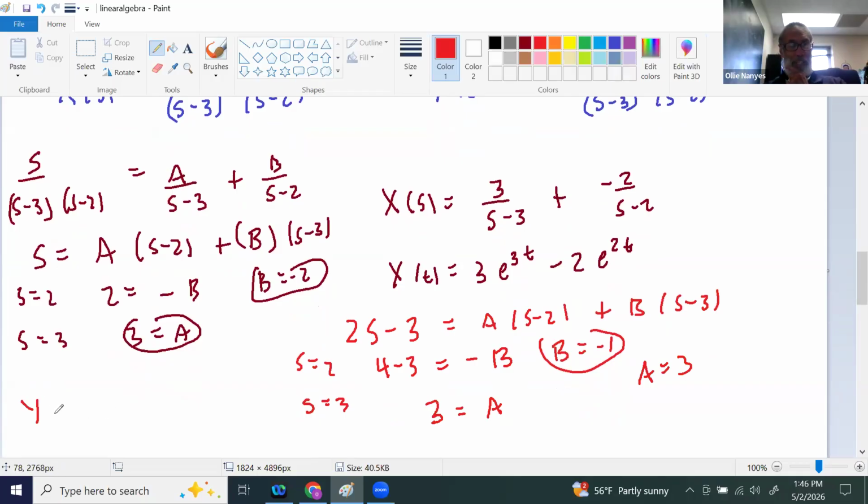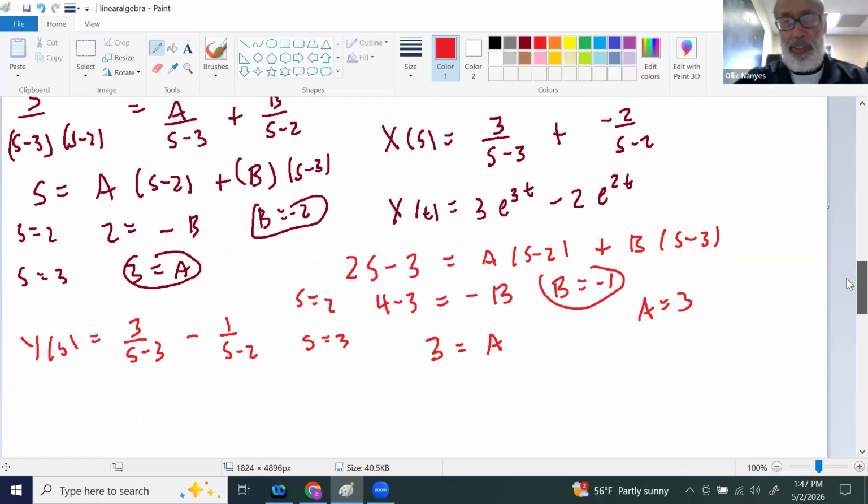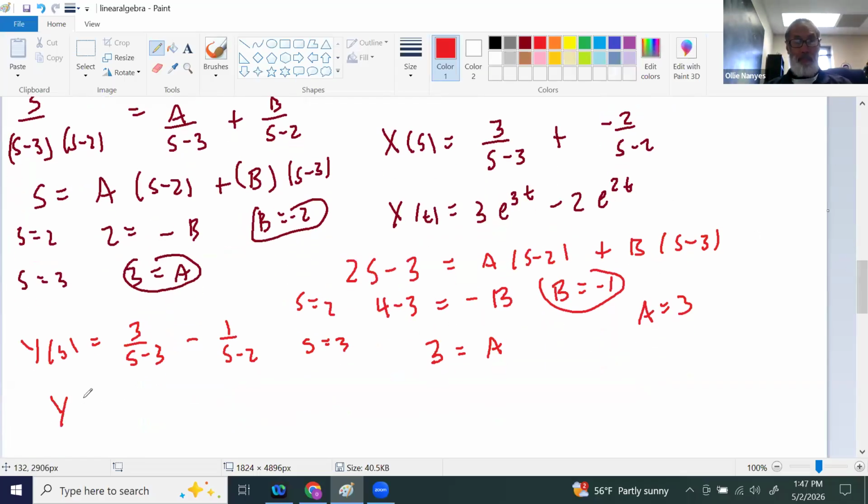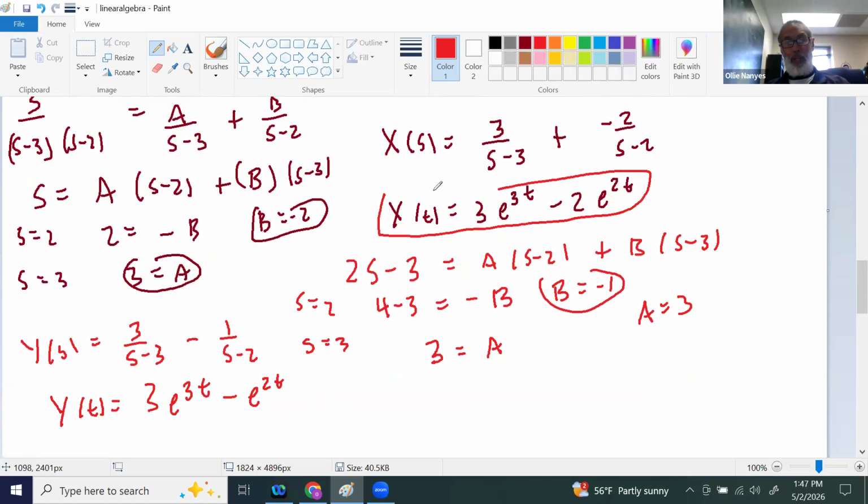So your y of s is 3 over s minus 3 minus 1 over s minus 2. And then we get the solution for y: 3 e to the 3t minus e to the 2t. So we've solved the problem that we set out to solve. Okay?